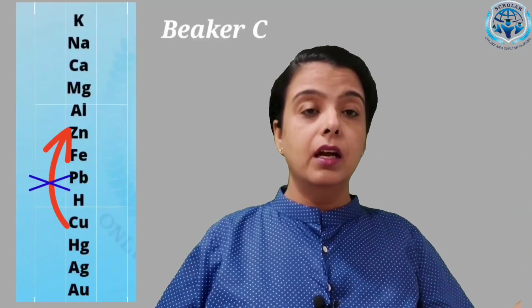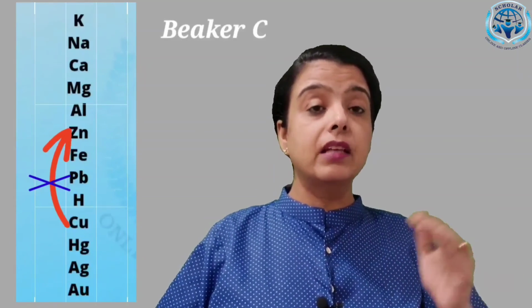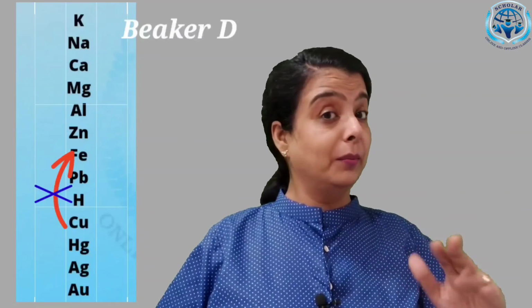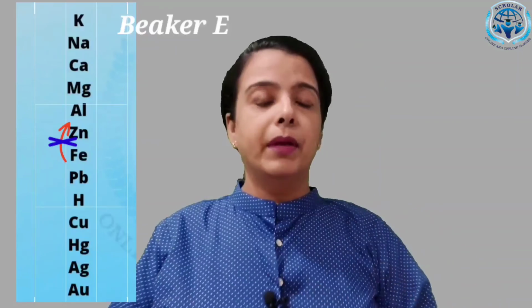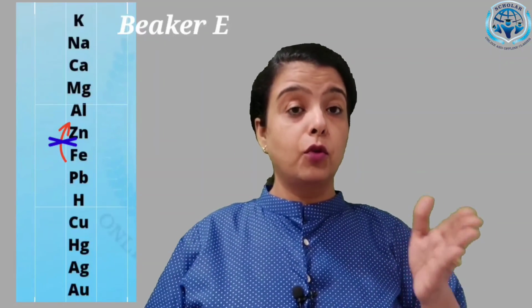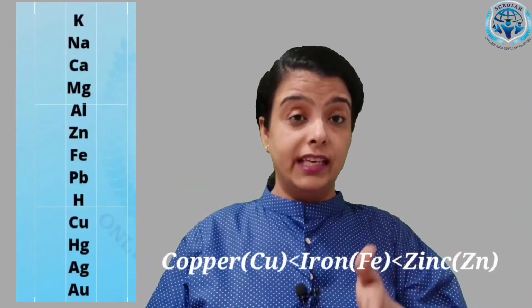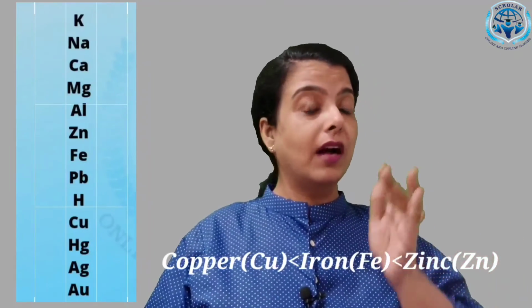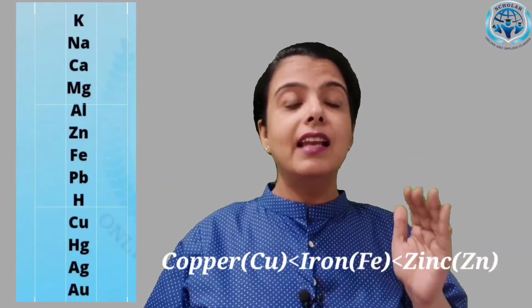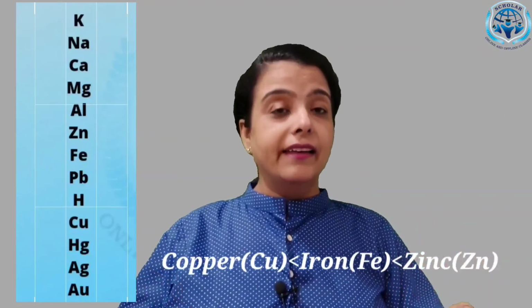In beaker D, copper could not replace iron. In beaker E, iron could not replace zinc because of the less reactivity of copper than zinc, the less reactivity of copper than iron, and the less reactivity of iron than zinc.